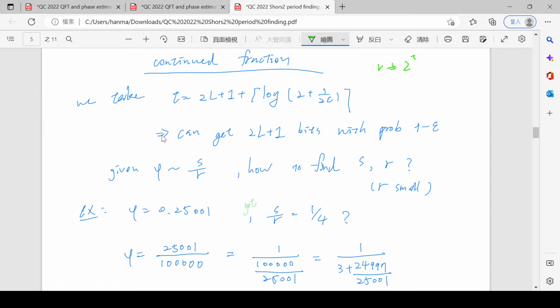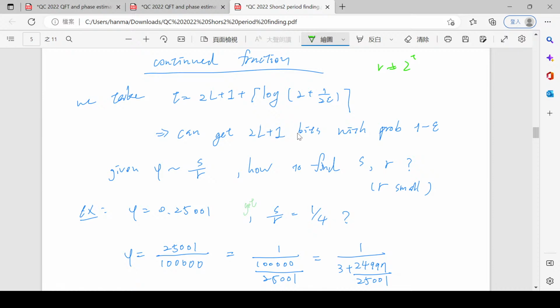And let's say, from the number we have in the next chapter, we take t equal to 2L plus 1, plus a log 1 over epsilon term. Then we will have 2L plus 1 bits of precision, although it's a little funny. But let's ignore that, because we will not do too detailed a calculation here. We'll just show the idea.